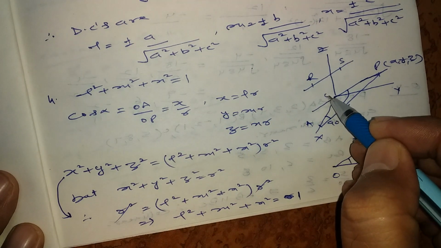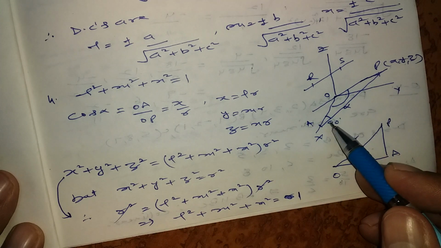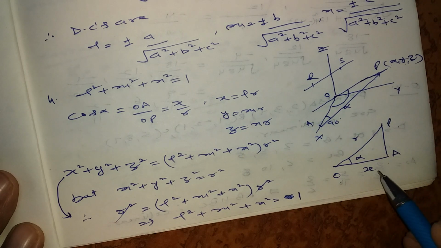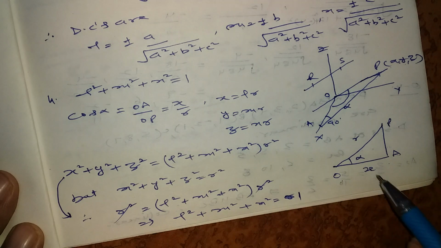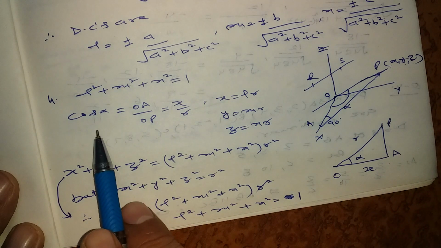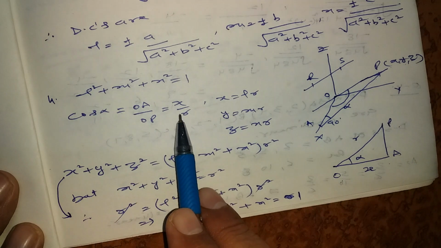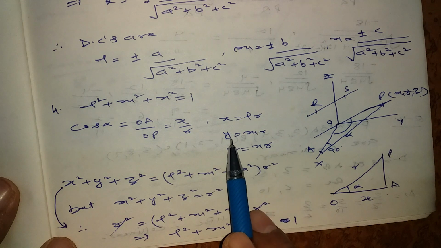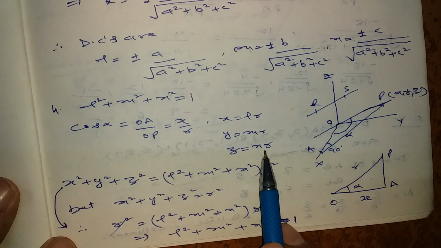This point is O. We have taken triangle O, A, P. The angle at O is alpha, so we can derive cos alpha is x upon r. So x is equal to l into r. Similarly, y is equal to m into r, and z is equal to n into r.